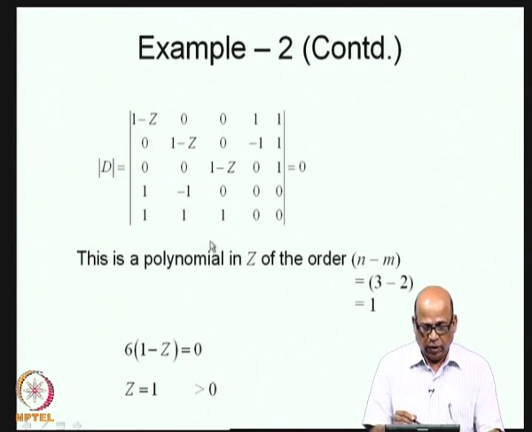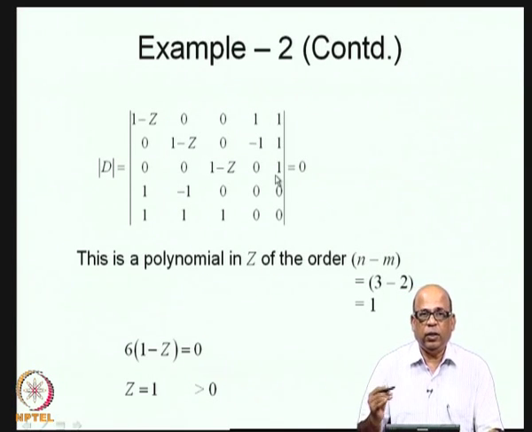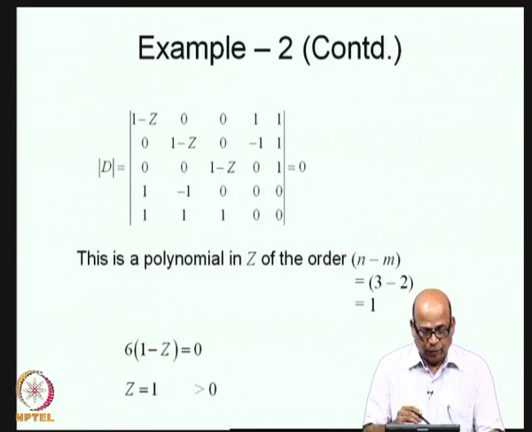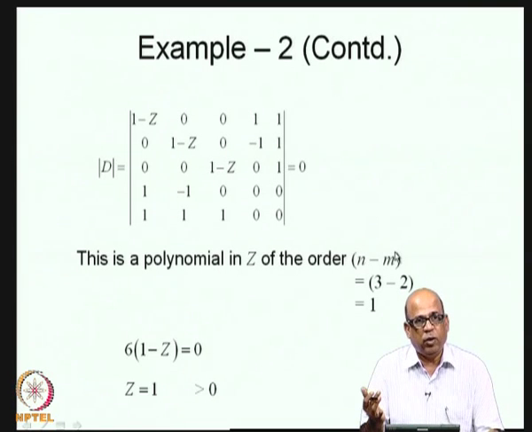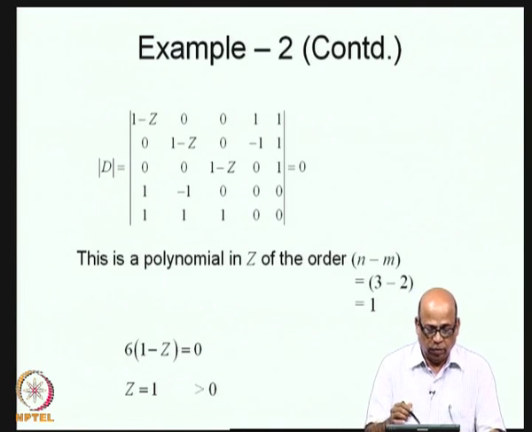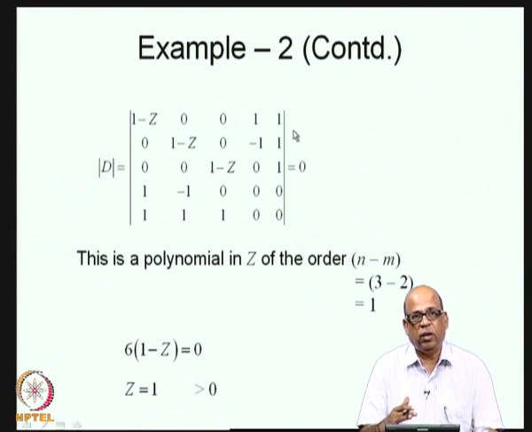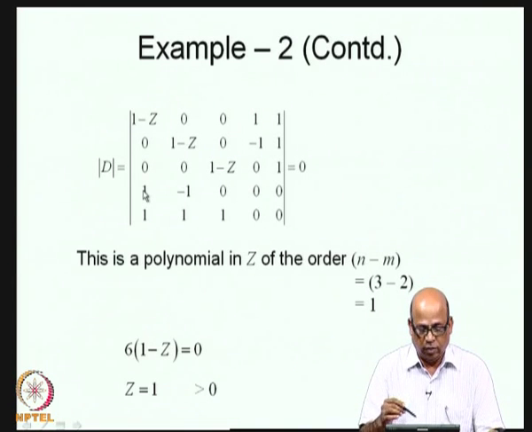So, we formulate the determinant D as written here and equate the determinant to 0. Then you get a polynomial of the order of n minus m. n is the number of variables, in this case it is 3, m is the number of constraints, in this case it is 2. So, we can use any of the classical methods of solving the determinant, or we can use MATLAB directly to solve this for z.